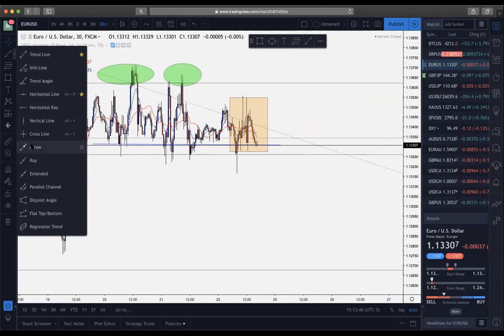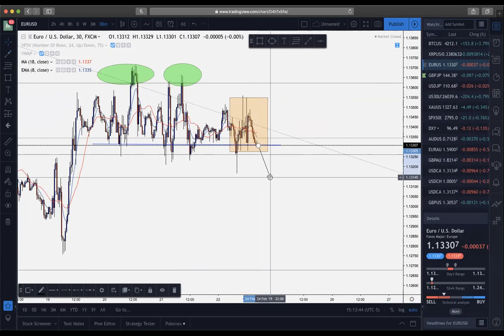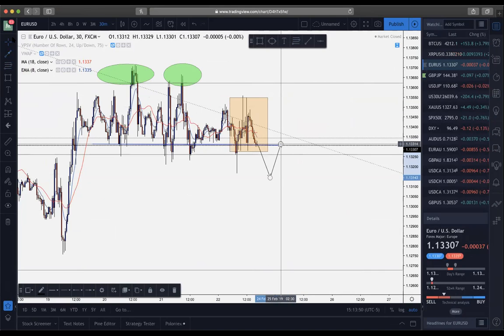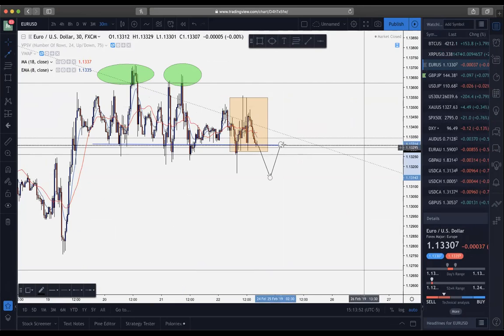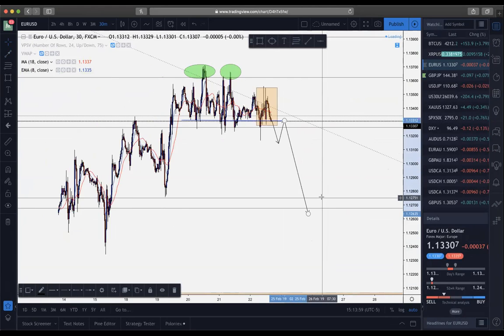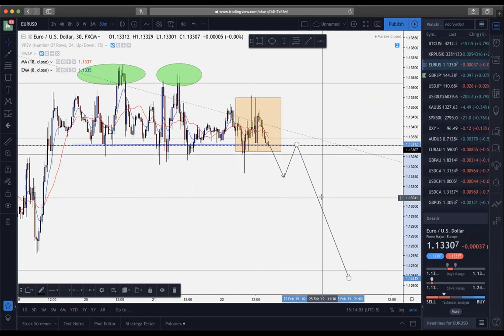Something like this. Boom. Boom. And then enter there and catch the move. That'd be nice to see if it played out like that.